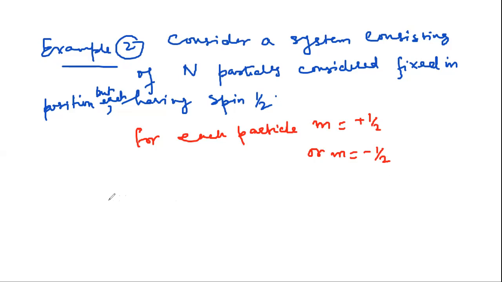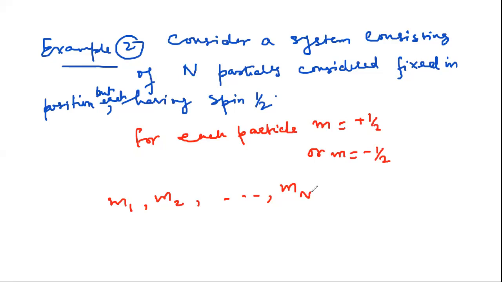So there will be n quantum numbers, m1, m2, up to mn, which specify the orientation of the spin of each particle.